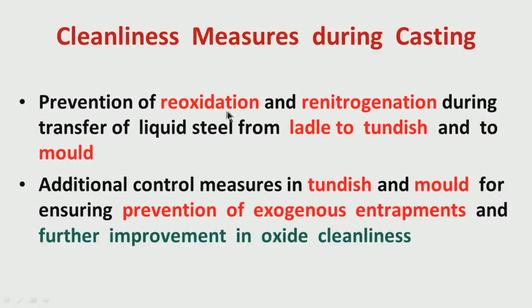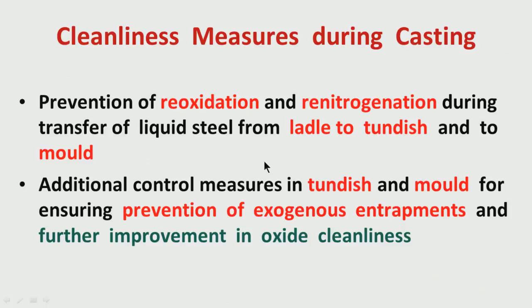First, reoxidation and renitrogenation have to be prevented, because liquid steel is getting transferred from the ladle to the Tundish and from Tundish to the mold. During this process liquid steel should not be allowed to fall freely, that means it has to be covered, so that there is no reoxidation, no renitrogenation. That is the first requirement.